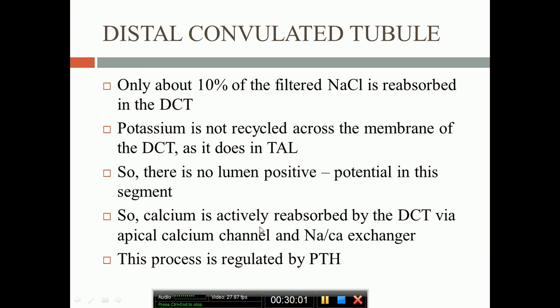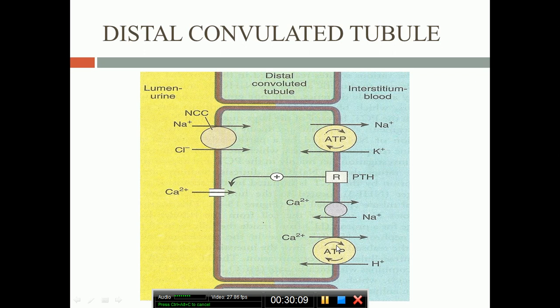Calcium is actively reabsorbed by the DCT via an apical calcium channel and a sodium calcium exchanger. We will see here the sodium and calcium exchanger. This is calcium. It is actively reabsorbed, with the expenditure of energy. So what factor is there? This is the parathyroid hormone receptor, which influences this channel to reabsorb calcium.